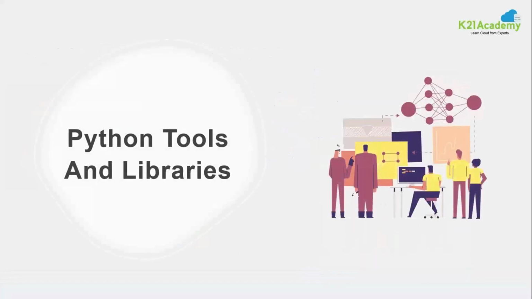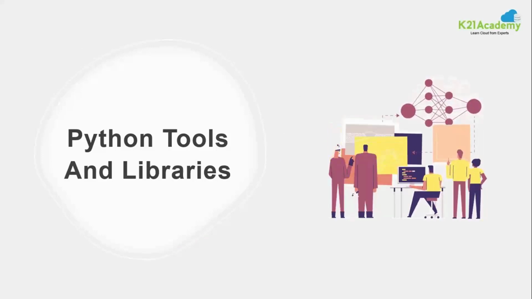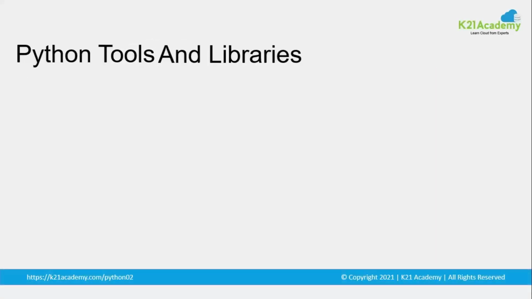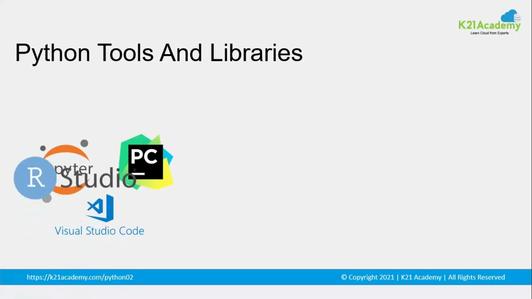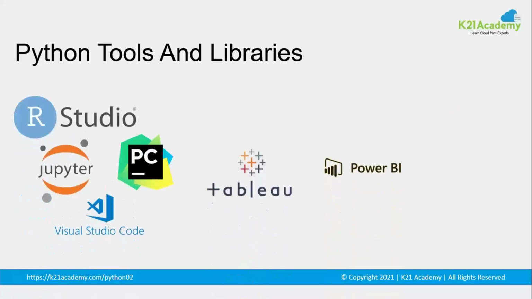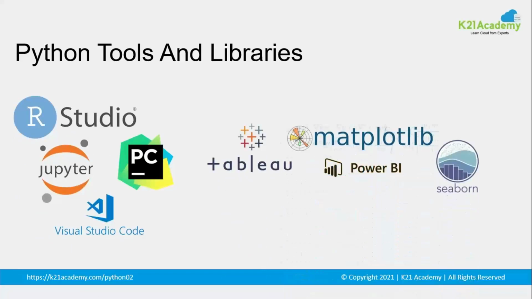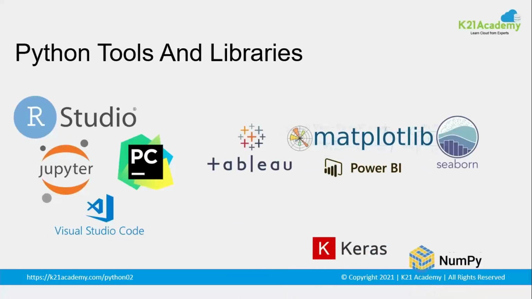Moving on to the next question, let's see some of the tools and libraries that you would be using when you're dealing with machine learning, deep learning, or data science projects. First off, we'll talk about the IDEs. Some of the IDEs that are popular here are PyCharm, Jupyter, and Visual Studio Code. If you're someone who is using R, then you have RStudio.